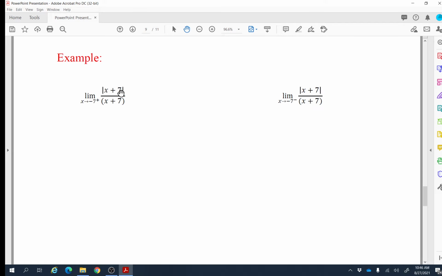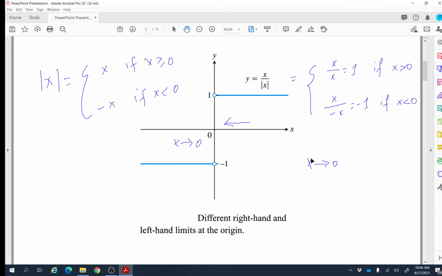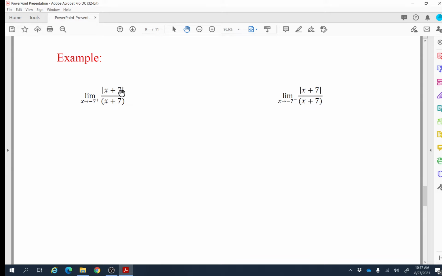Let's look at this example here. As I mentioned earlier, the definition of absolute value, we can use the same trick here. The absolute value of x plus 7 over x plus 7 is actually, if x plus 7 is greater than 0, then this value on the top is x plus 7 itself, and there is x plus 7 on the denominator, so you can cancel it.